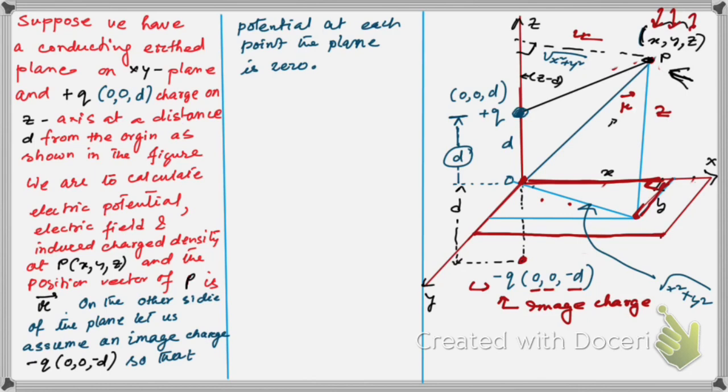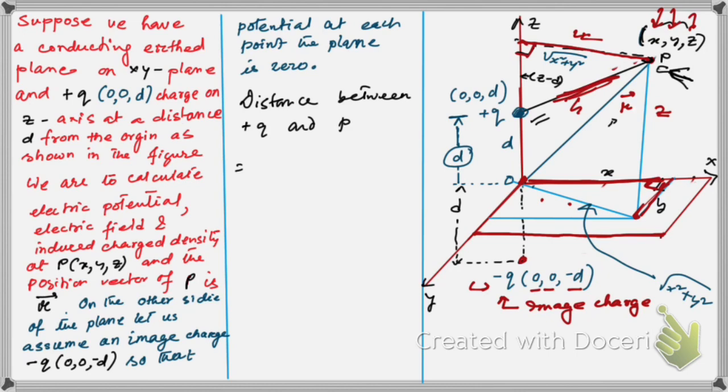So therefore what will be the distance of this point P from the positive charge? If you apply the Pythagoras theorem, this is 90 degrees, so this is the perpendicular distance from the z-axis to point P. That's why this must be the hypotenuse.